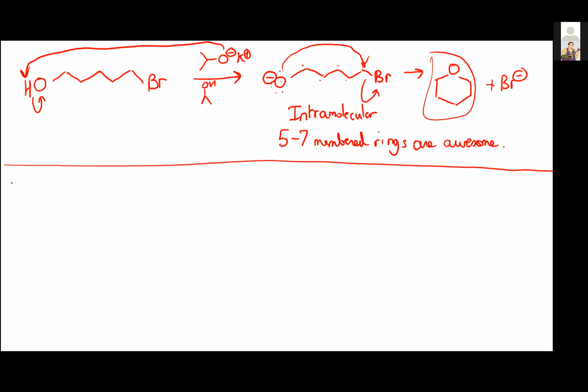Okay, so what I want to talk about now is alkynes. So alkynes are weird. All the chemistry that we talked about with alkenes works with alkynes, except you do it twice. So if you take this molecule and you treat it with HBr, no surprise.